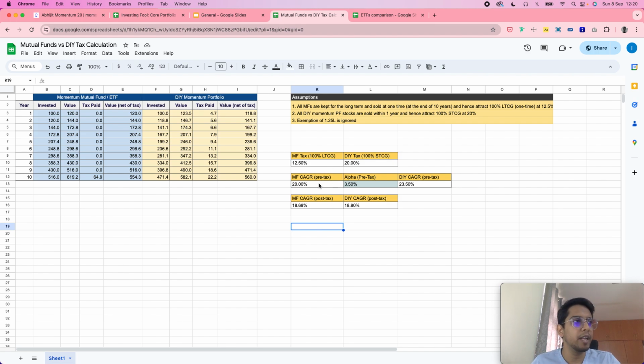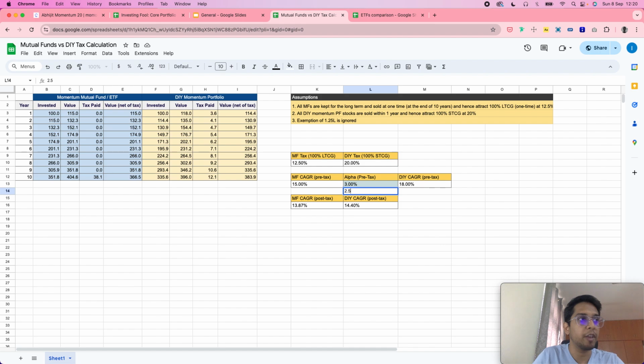Again, if we take 15% here, okay, then with 15% you probably do not need 3.5% of outperformance to be close to their final value, right? So let's say we make this 3%. Sorry, so we are still ahead of this, right?